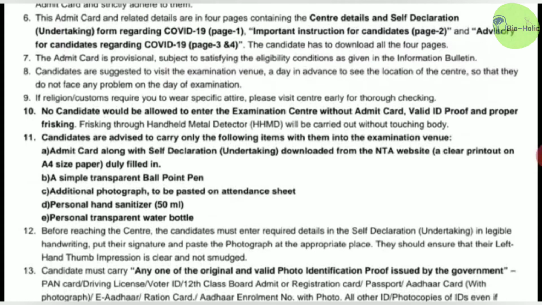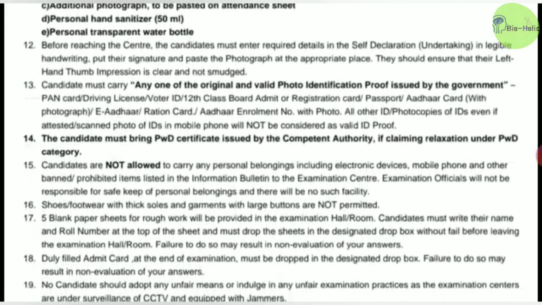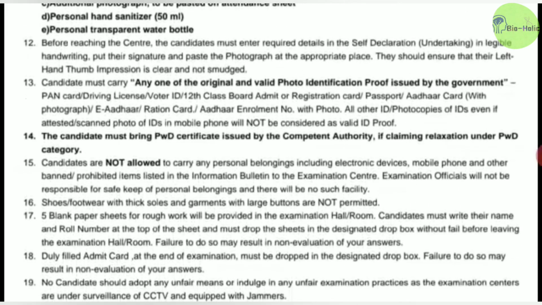In point number 15, it has been mentioned that candidates are not allowed to carry any type of electronic devices like mobile phones etc. into the exam hall. In point number 16, it is mentioned that shoes or footwear with thick soles and garments with large buttons are not permitted.